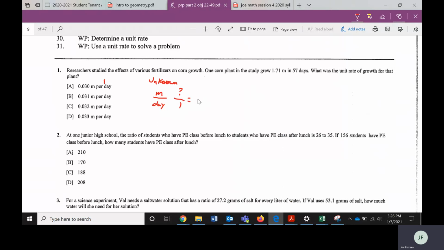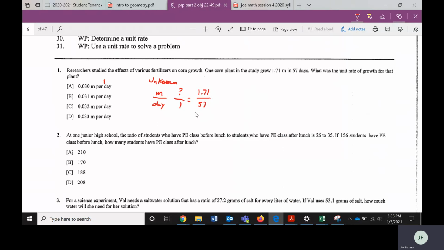Then we look at what's known, the known pair, and write the units that we have for the unknown pair, meters and days. If we look at the information given to us, that makes it a little bit easier. We just have to put it in the right spot. Meters on top, so 1.71 meters, and that took 57 days.